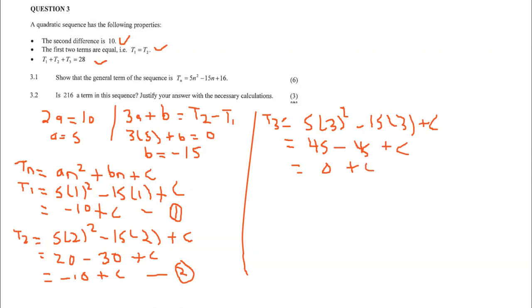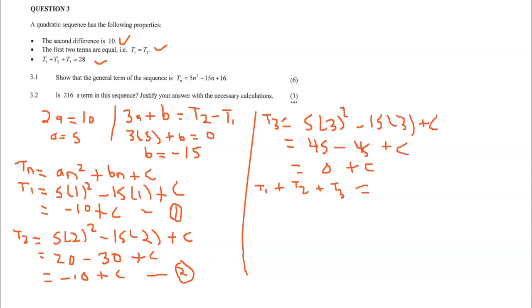So now we go and do the expression as they told us, because we were told that T1 plus T2 plus T3 is equal to 28. Now that we've got the simplified versions of each, it becomes easy.